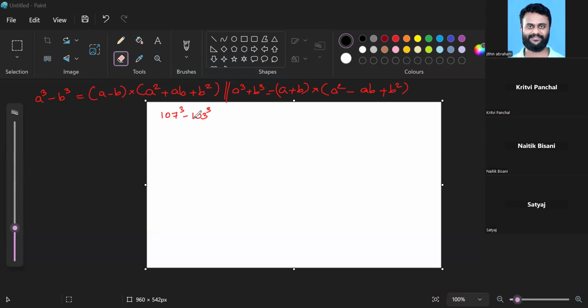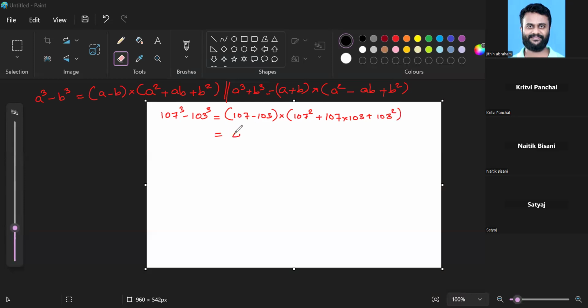With respect to this logic, first of all, I'll subtract a minus b, that is 107 minus 103. So I'll write 107 minus 103. Then over here, instead of a square, I'll write 107 square plus a multiplied by b, that is 107 multiplied by 103, plus b square, that is 103 square.